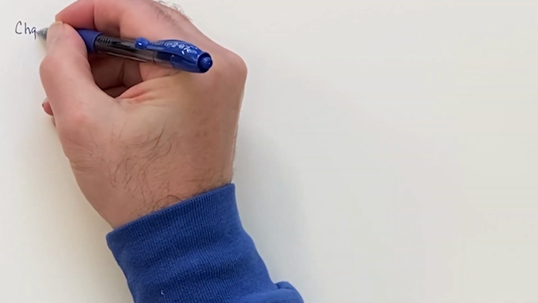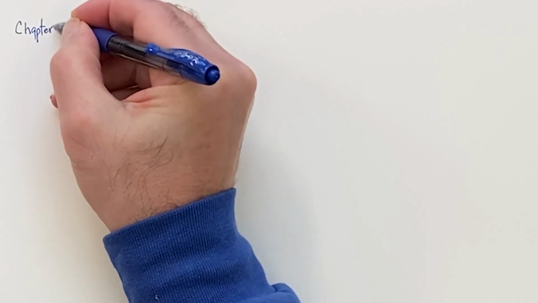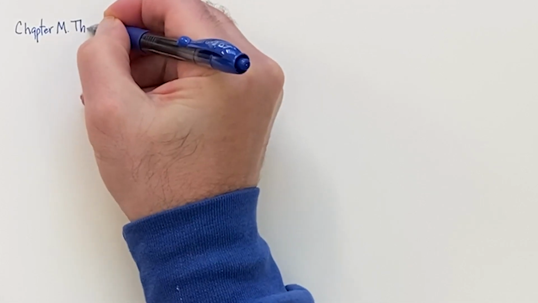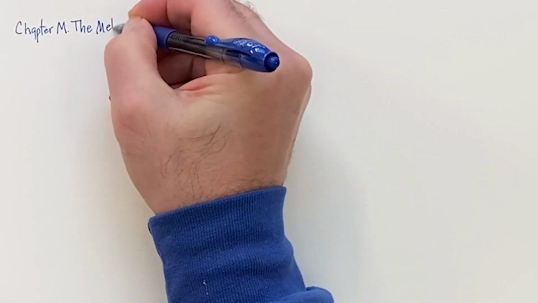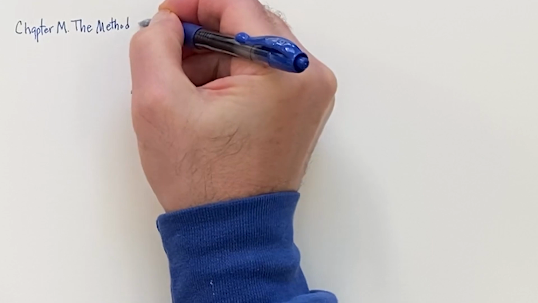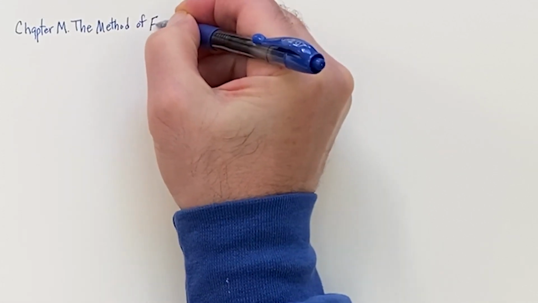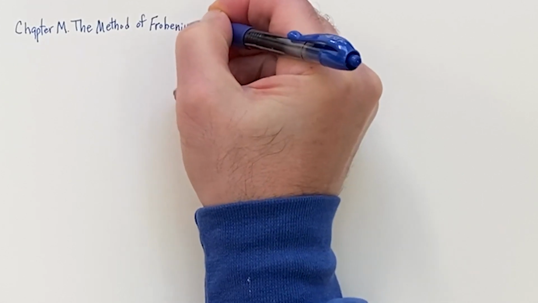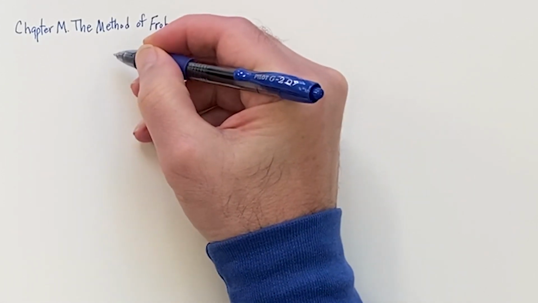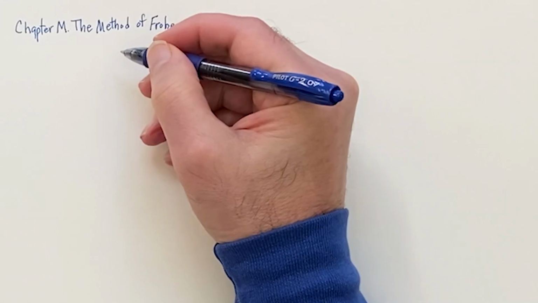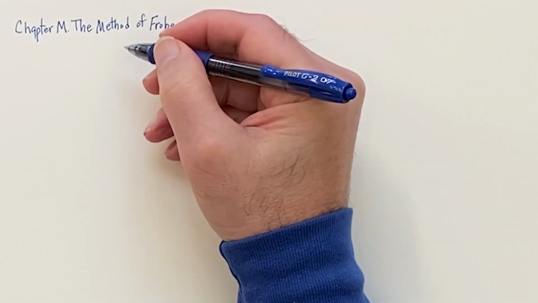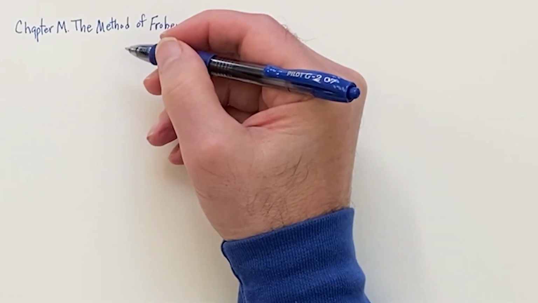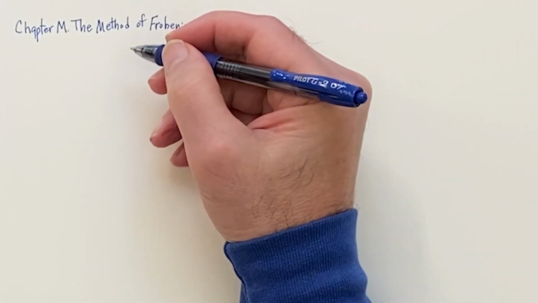Chapter M, the method of Frobenius. Now, this is more like a math physics kind of a class, this particular one, where we take time to look at things that you do see in other classes, but take a break to master the concepts.